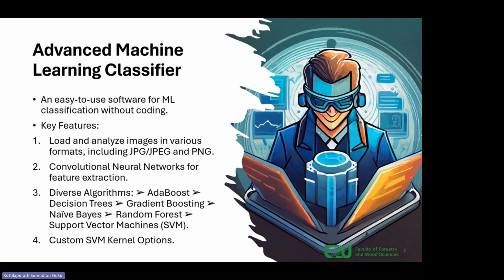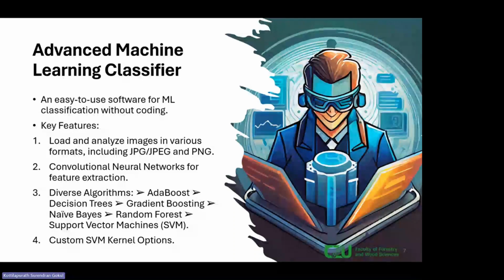Once we load the image, it automatically resizes to 150 by 150 pixels. We are going to change that in our second update. We are going to make a user option for changing these settings and also add parameter tuning, which I will show with our second software; we are going to implement exactly that here.